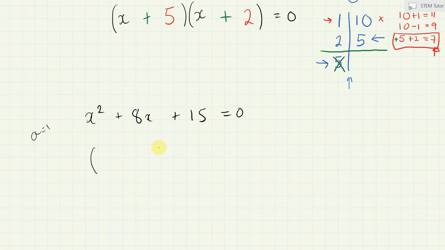So we can set up our pair of brackets in exactly the same way, where x leads both brackets on its own with no number or coefficient in front of that x. Now we do the process again. What two numbers, when multiplied together, give us 15, yet if we add or take away, give us 8?